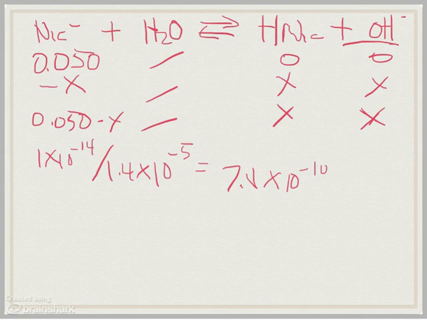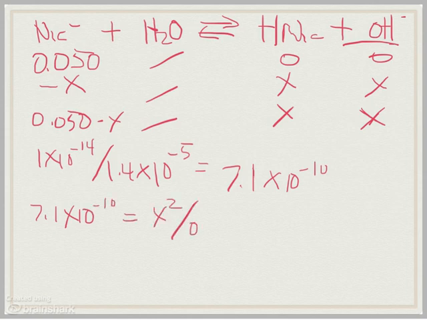So that's your Kb. Once you know your Kb, now you can put this into the expression and solve for x. So you have 7.1 times 10 to the negative 10 equals x squared over 0.050.